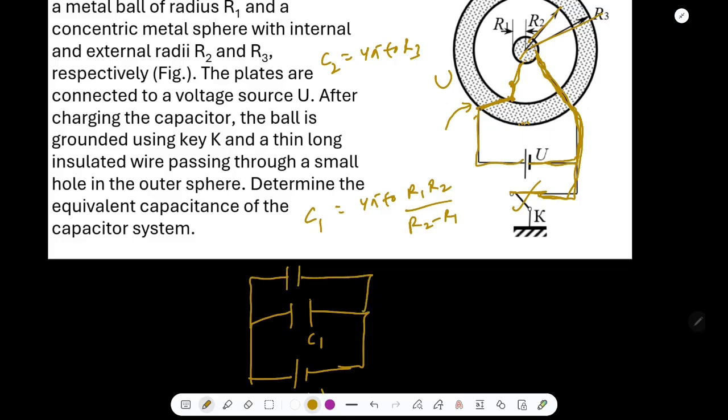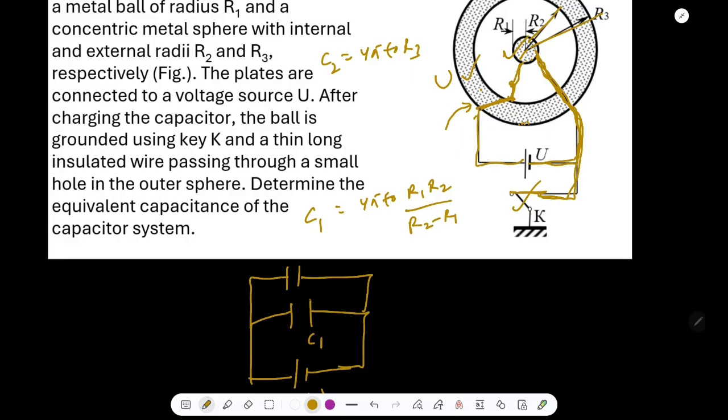because I earlier said that the potential of this sphere is equal to U, both relative to infinity and relative to the inner ball. Inner ball is this.